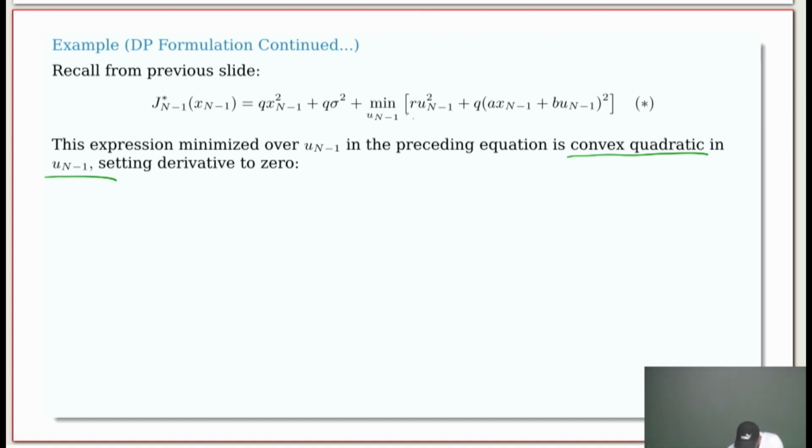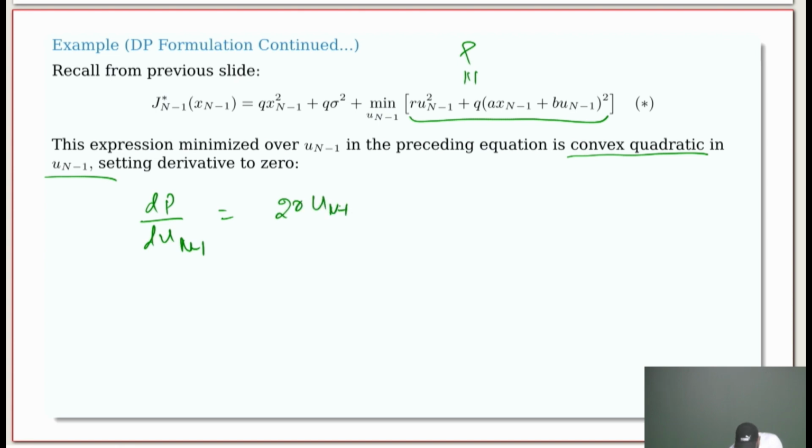So what will be the double derivative of this? Let us say this total thing is some cost p. If I take the first derivative with respect to u_{n-1}, we get dp/du_{n-1}.